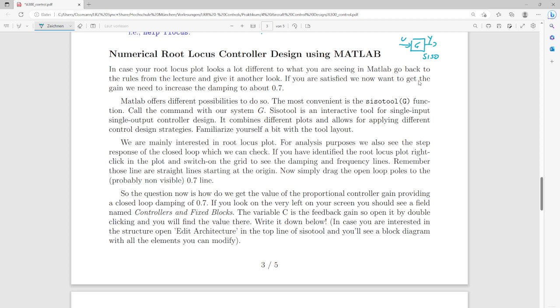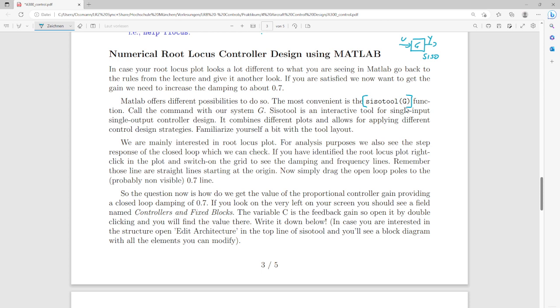For SISO, Matlab provides pretty nice capabilities, namely a graphical user interface, a GUI, which you can simply call via sisotool. I'm going to do that. It's an interactive tool to design single input, single output controllers, and it has a lot of plots in there that might interest you: step responses, Bode diagrams, which we're going to tackle next week, but also root locus curves.